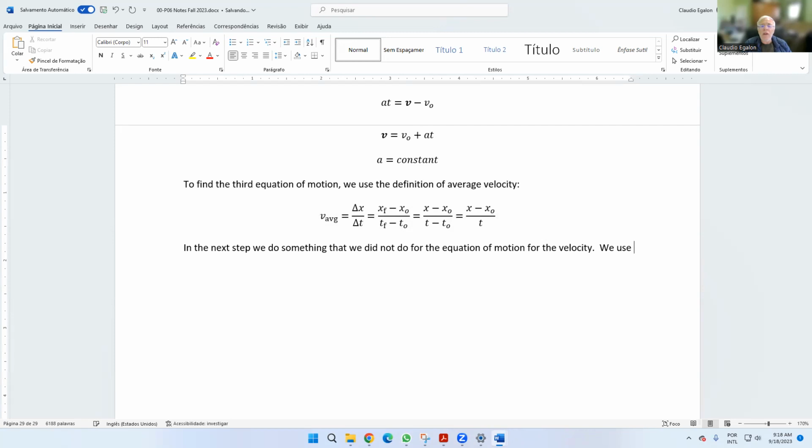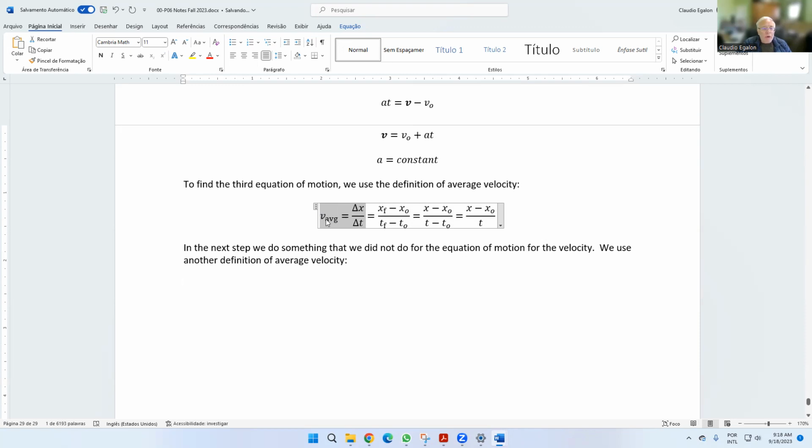We use another definition of average velocity. There are two definitions of average velocity, which you should be already familiar with. And I'm going to write that down for you.